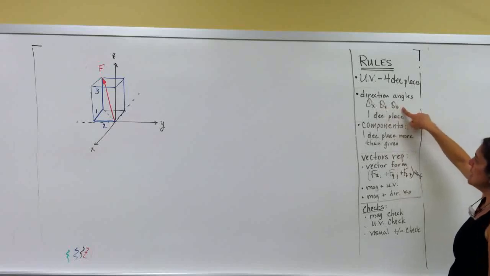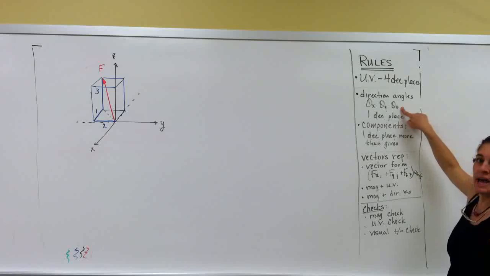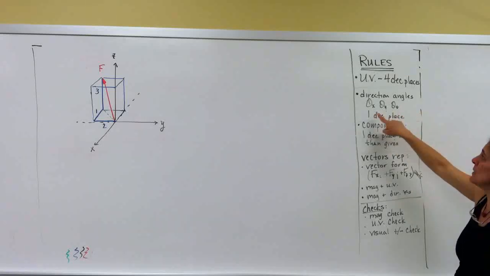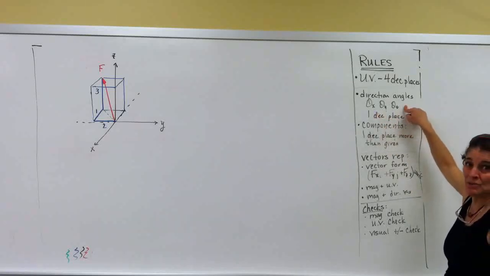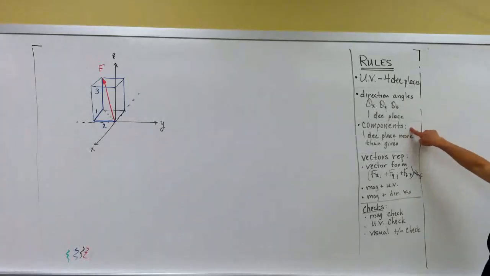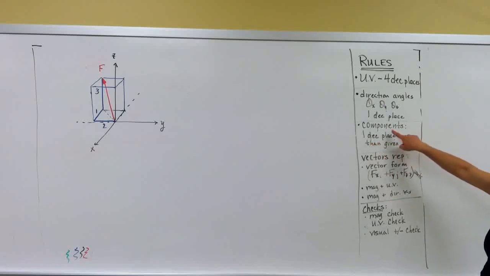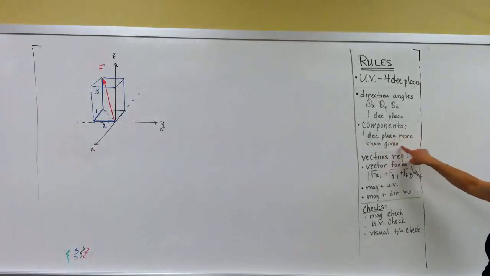And theta z is the angle between the force in question and the positive z-axis. And remember that each one of these can have 2 values. We also learned that when we represent force components, we want to represent them to 1 decimal place more than the given force.